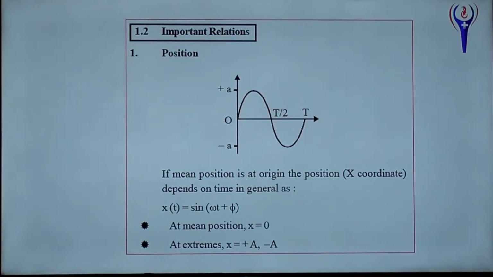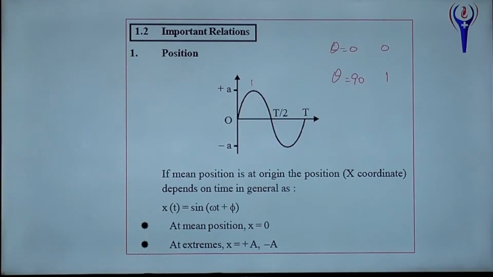And we know for sine, theta equal to 0, then sine 0 is 0. And theta equal to 90, sine 90 is 1. So 0, 1, 0, 1 like that.